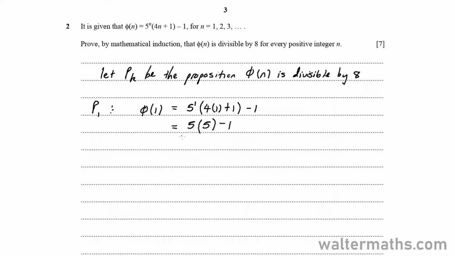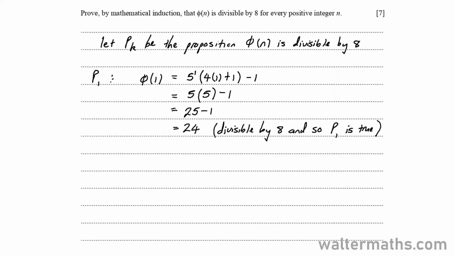So it's like 25 minus 1, which is 24. Now 24 is divisible by 8, and so we can say P sub 1 is true. So we have proven true for n is equal to 1 right here.